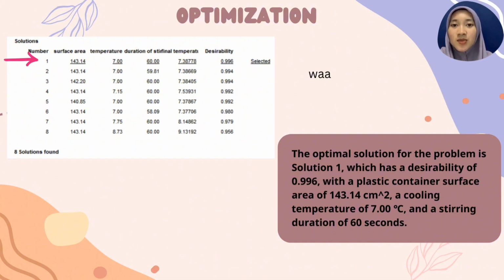The model suggested a desirable solution to get the lowest final temperature of 350 ml of hot water after cooling. The optimal solution for the problem is solution 1, which has a desirability of 0.996, with a plastic container surface area of 143.14 square centimeters, a cooling temperature of 7 degrees Celsius, and a stirring duration of 60 seconds.